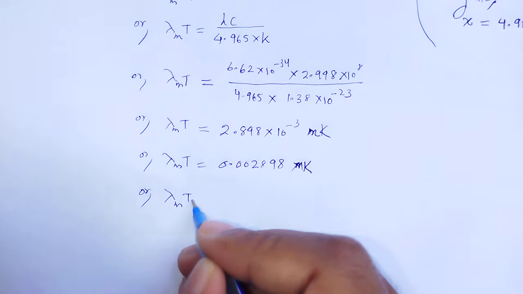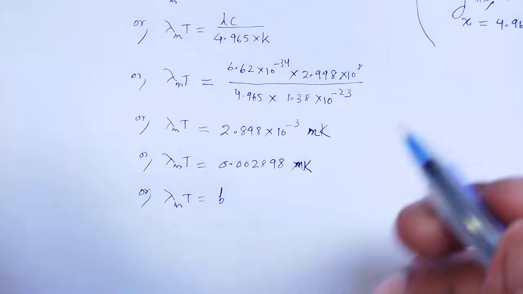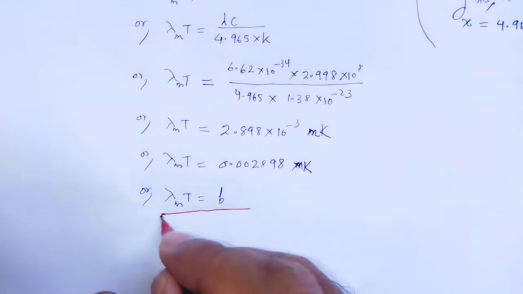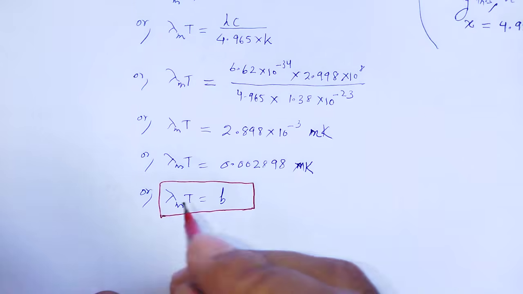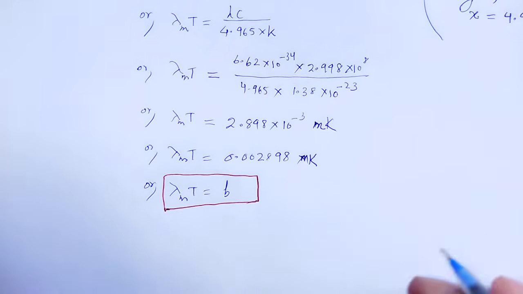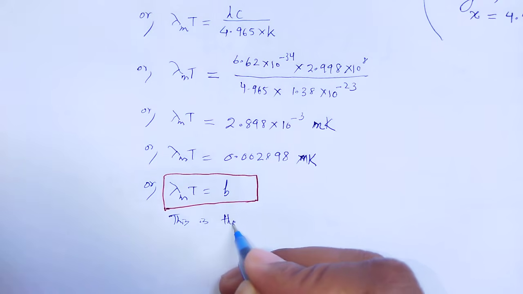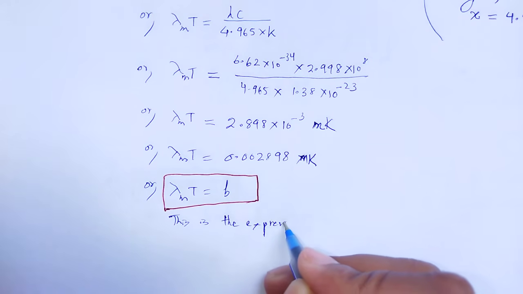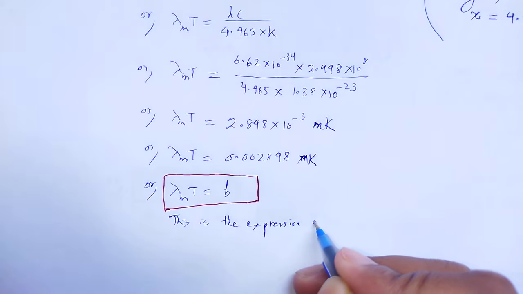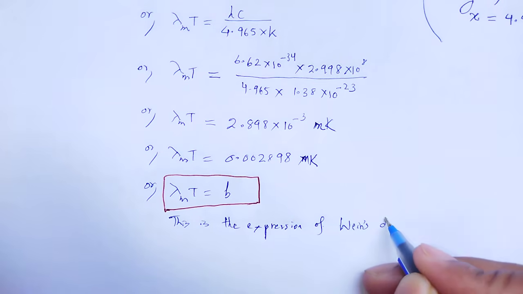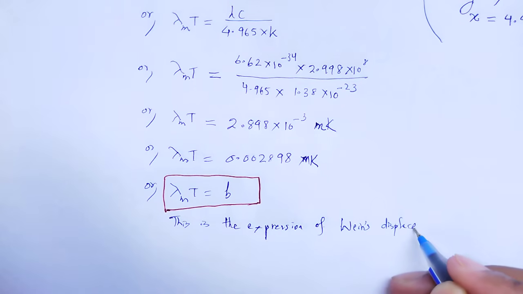Therefore, lambda m T is equal to b. b is nothing but Wien's displacement constant. Therefore, from Planck's law we derive Wien's displacement law. This is the expression of Wien's displacement law.